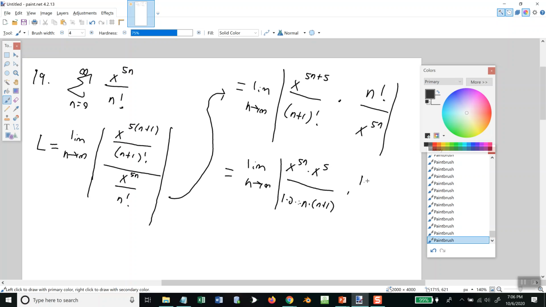And n factorial is 1 times 2 all the way up to n, over x to the 5n. The x to the 5n here cancels the x to the 5n here. The 1 times 2 all the way up to n cancels with the 1 times 2 all the way up to n down here.